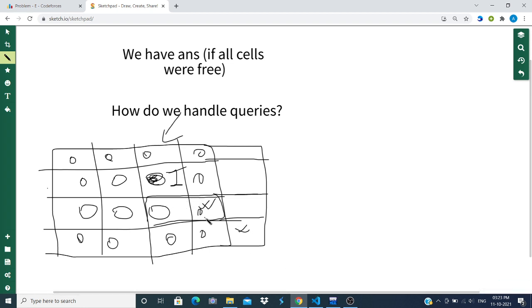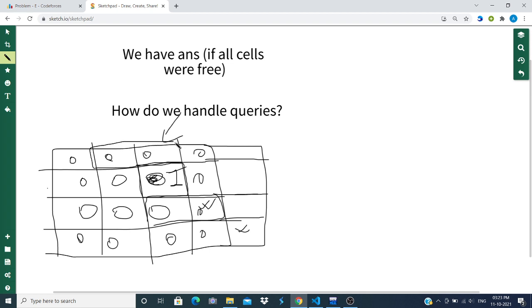Because it might be possible that we were having some value like this.